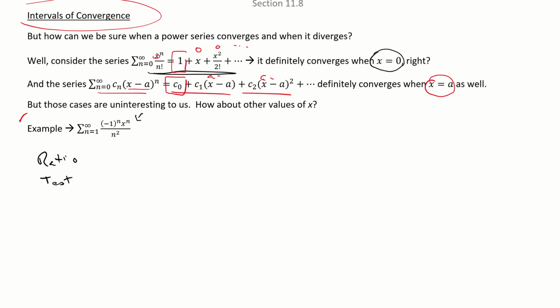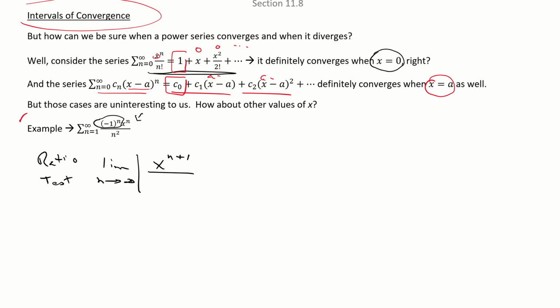So here's your first example for finding where it converges using the ratio test. How does it go? You go lim, as n goes to infinity, put some absolute values around it. What happens to the minus 1 when you put absolute values? It melts away to 1, doesn't it? And disappears. So all I'm worried about is x to the n plus 1.